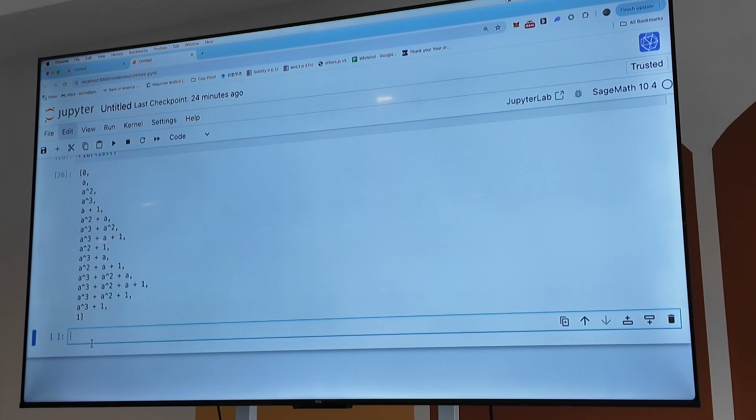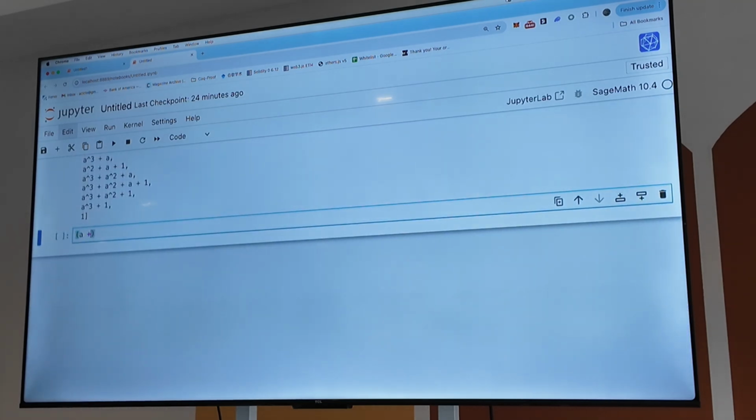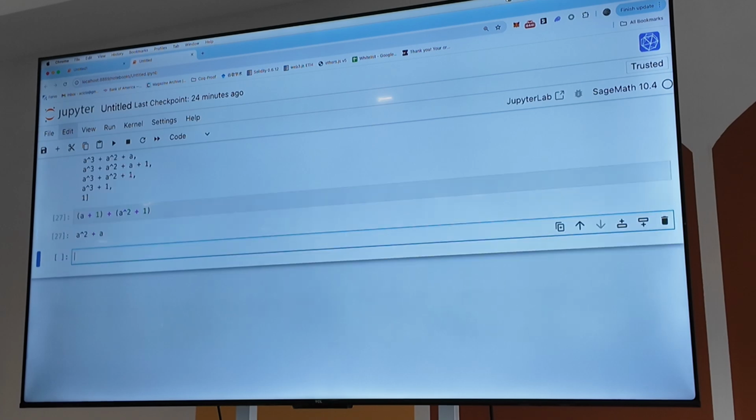For example, we can easily define a plus 1 plus a squared plus 1. Yeah, we can see it's a squared plus 1. It's an entry-wise addition.